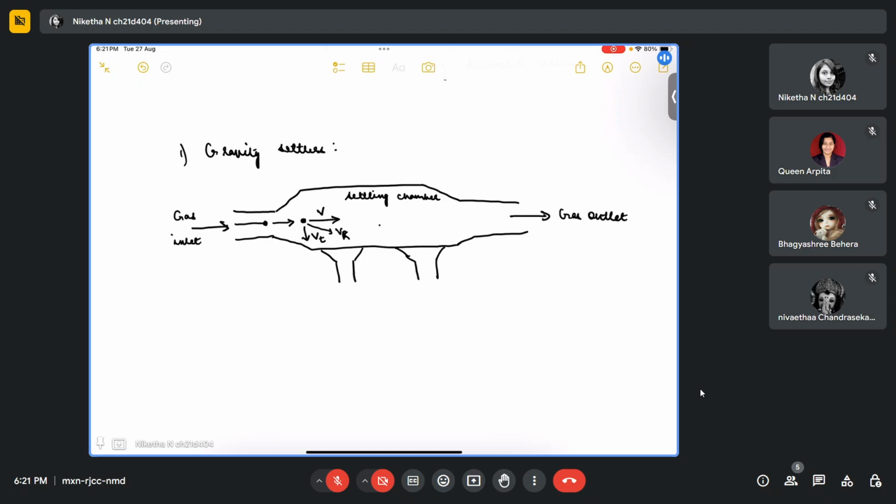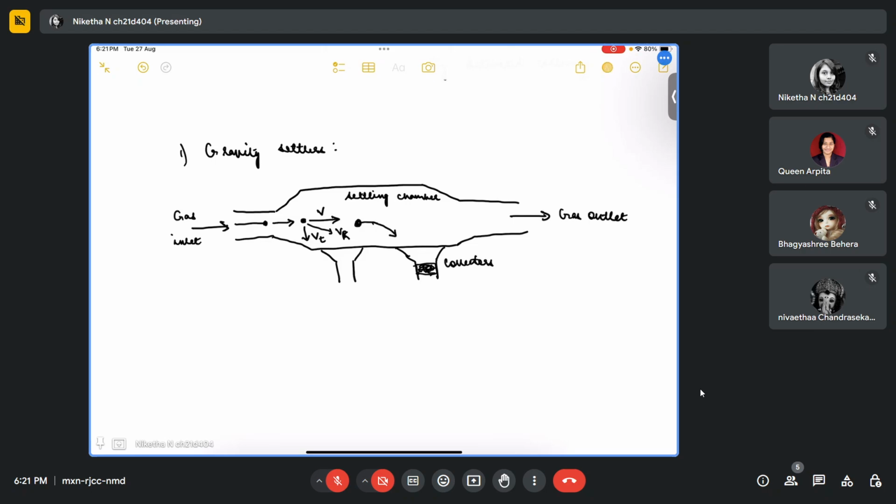Based on the weight of the particle, suppose the particle is here, it will tend to fall down, and when it does, it is collected using these collectors here. Once all the particles have come down, they will be collected.